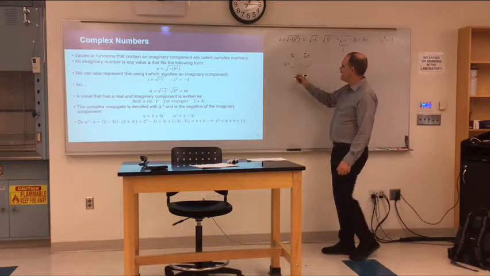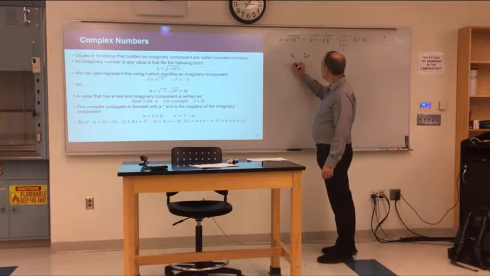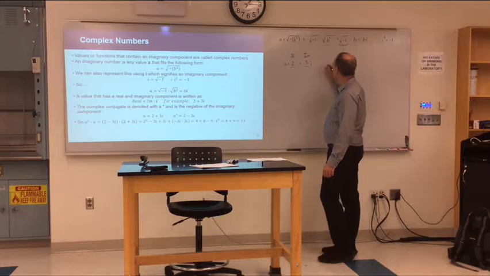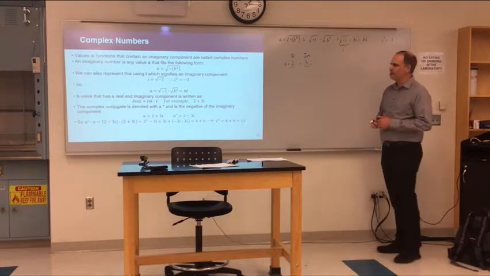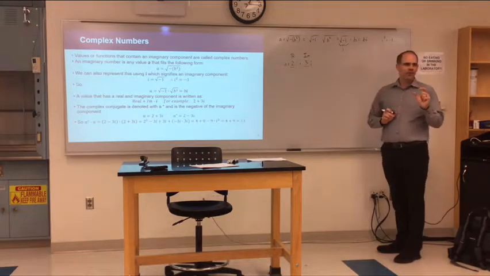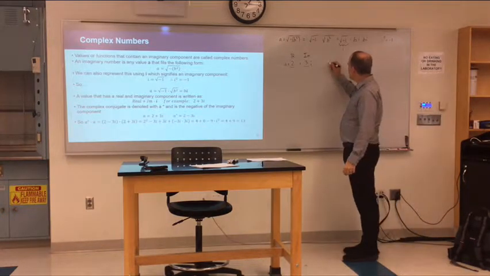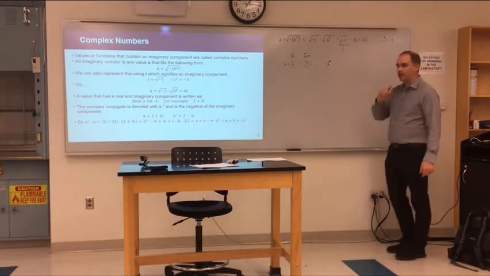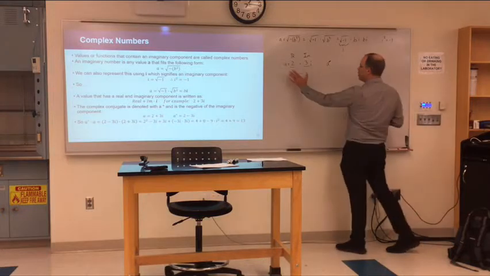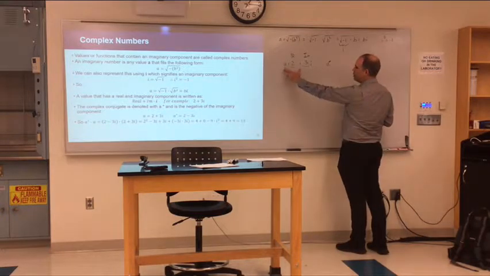So let's say A is equal to 2 plus 3i. The symbol that we use to denote that we're taking the complex conjugate, which is flipping the sign on the imaginary component, is putting a star typically to the up and right of the variable. So this is our regular complex number.